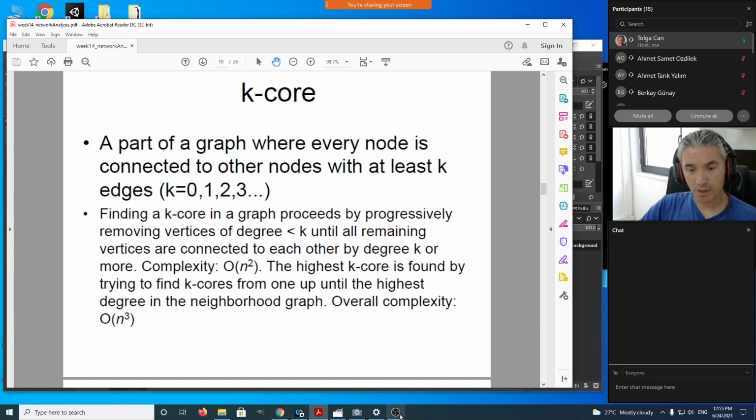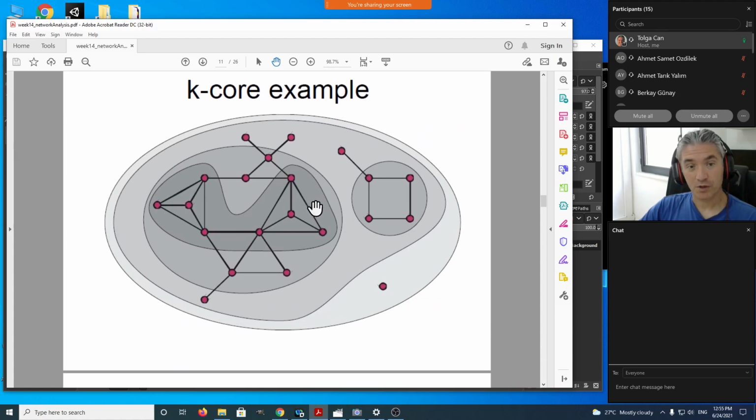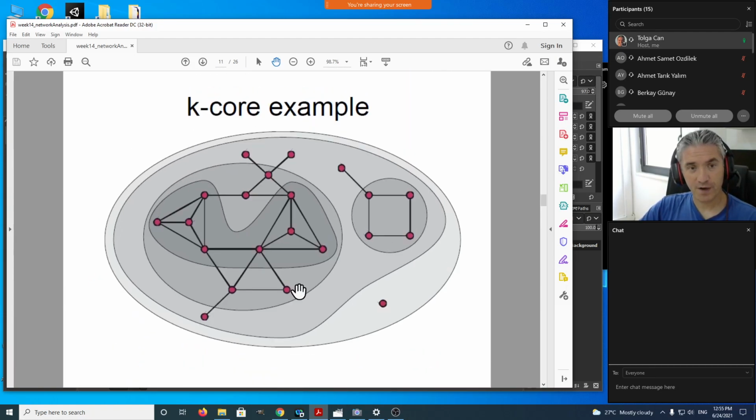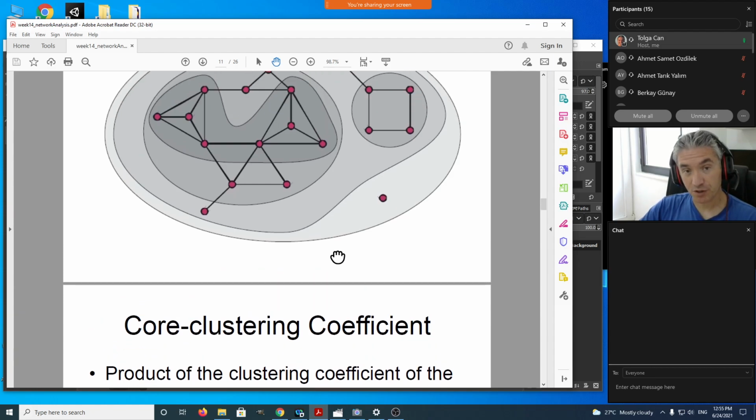And the M-code algorithm, I mentioned briefly at the end of the last lecture. The M-code clustering algorithm works like this. It finds the k-core for every node, the maximum k-core every node can be a member of. It computes the core clustering coefficient for every node as well.